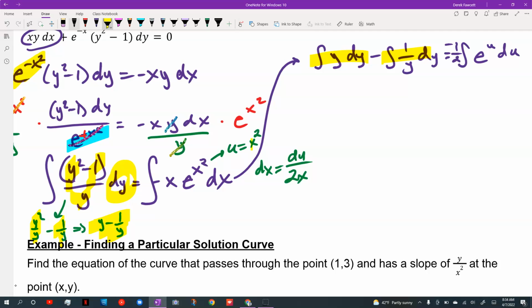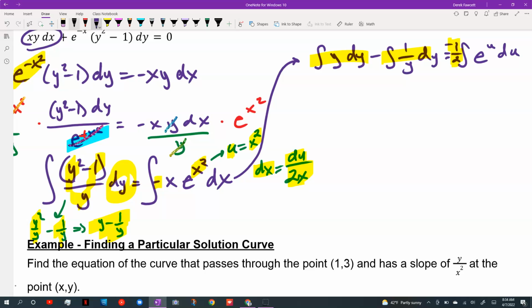So you're substituting in for x squared, your u. And then when you find the derivative, that's 2x. So dx is equal to du over 2x. And when you do that, that ends up giving you what I have up here. Because you have the 1 over 2, and it's a negative. Don't forget about that negative. E to the u du. So now these are both set up where I can go ahead and integrate.